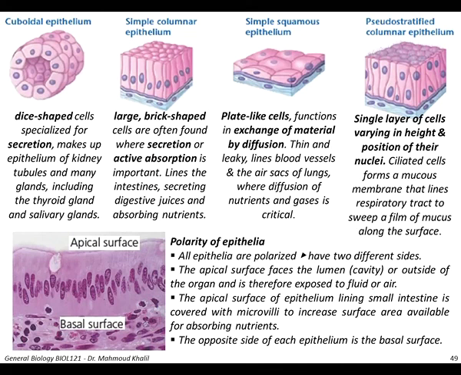This apical surface, as an example of the lining of the small intestine, is covered by a lot of structures called microvilli. These microvilli increase the surface area for absorbing nutrients, while the opposite side, which is the basal surface, is bound to the underlying tissue.